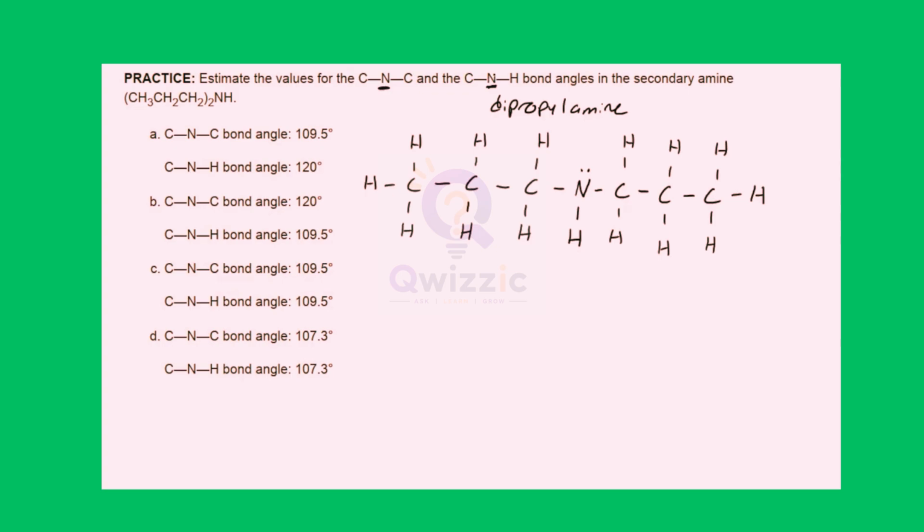To understand the hybridization on nitrogen, we have to recall the number of quote-unquote groups surrounding our target atom, in this case nitrogen. When I refer to groups in this context, I'm referring to 2 different categories: either lone pairs of electrons, or other atoms connecting to my atom of interest.